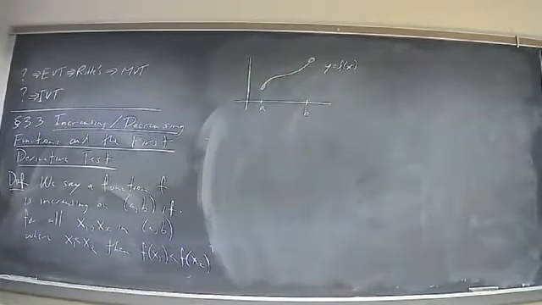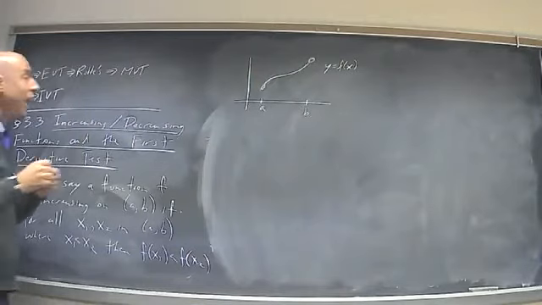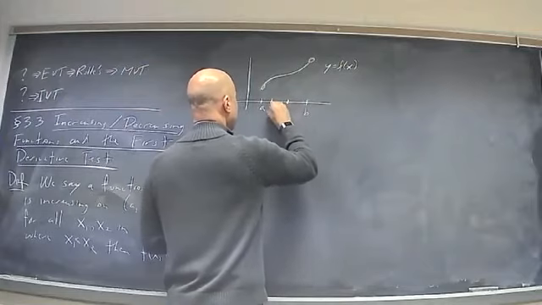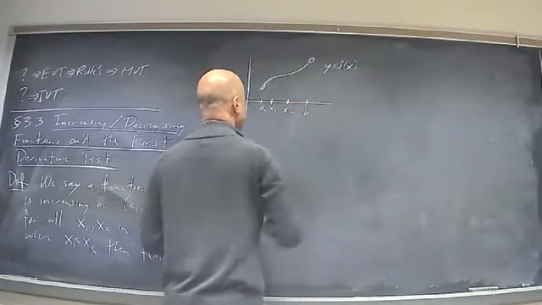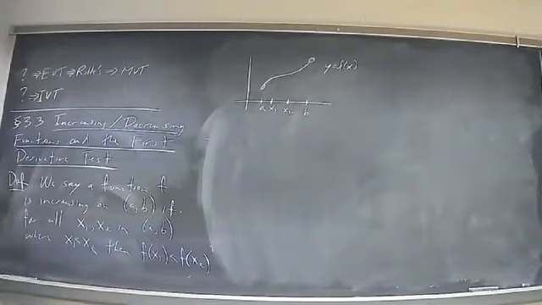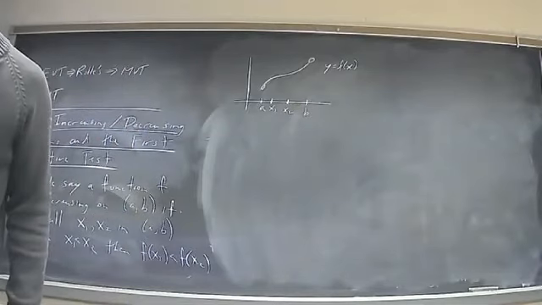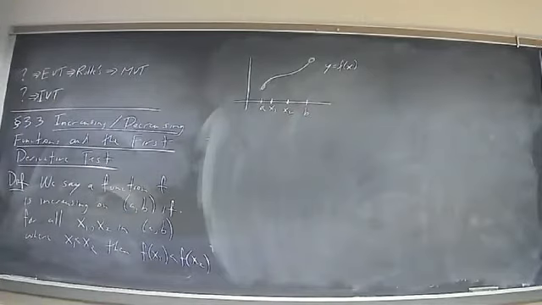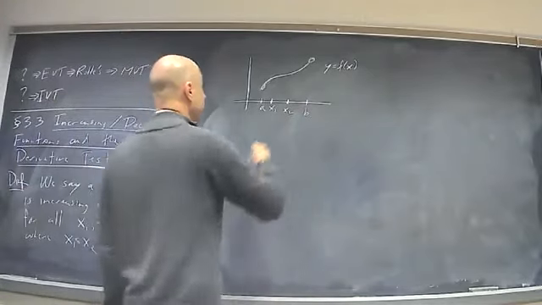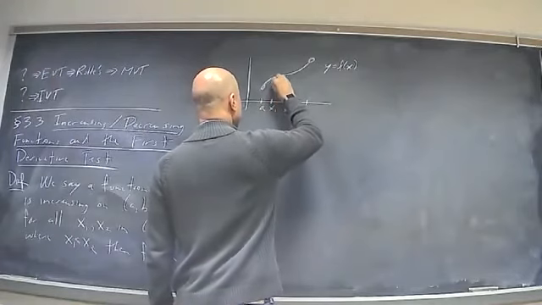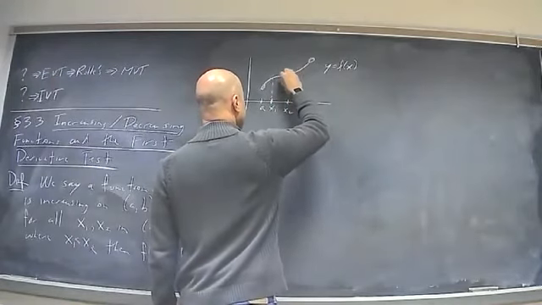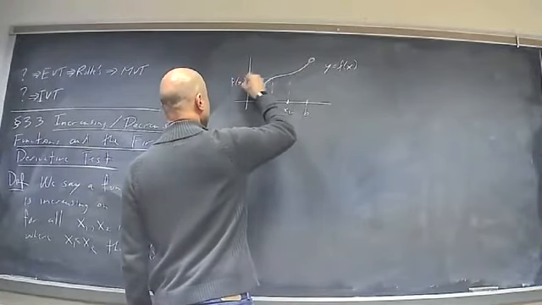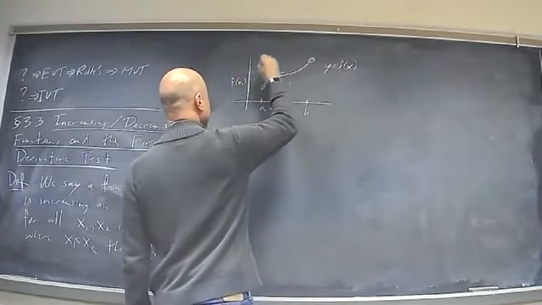So the function's increasing on an interval if you pick any 2 points in the interval, so here's f of x1, and here's f of x2.